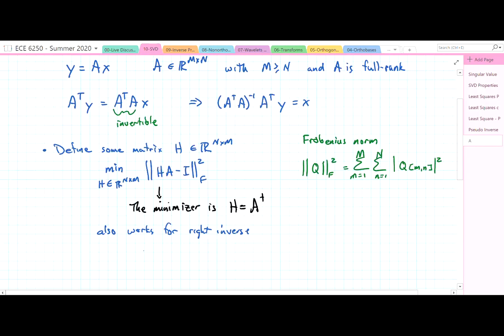That is the case when we're minimizing the Frobenius norm squared of AH minus I. So the moral is that our pseudo inverse is as close as you can get to an inverse of A. If we can't actually invert A, this comes really close to actually giving us an inverse of A.